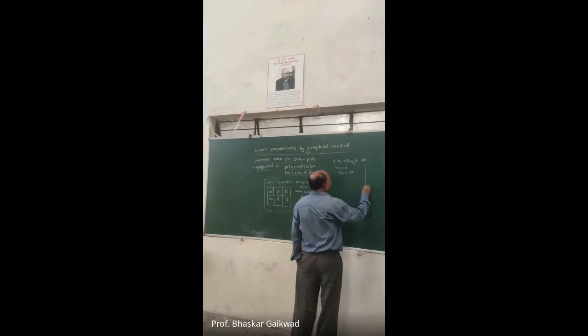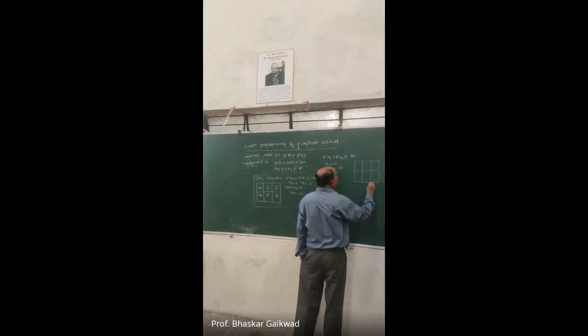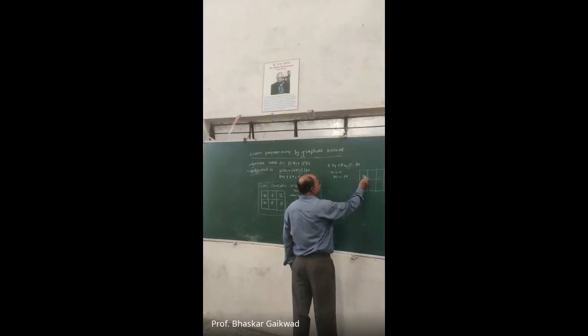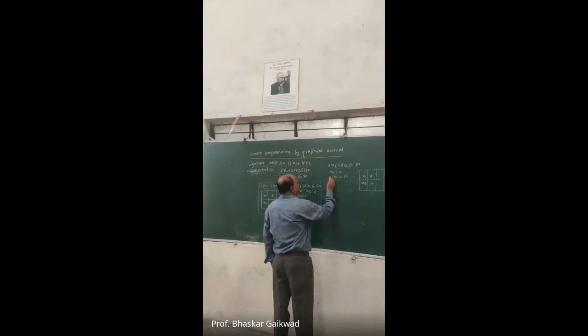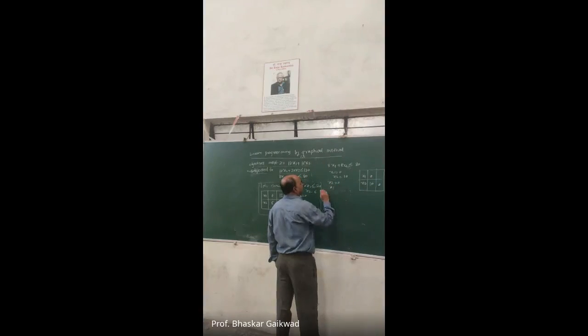Once again you have to make these tables this way, x1 and x2. When x1 is 0, x2 is 10. In this equation, when x2 is 0, what should be x1?